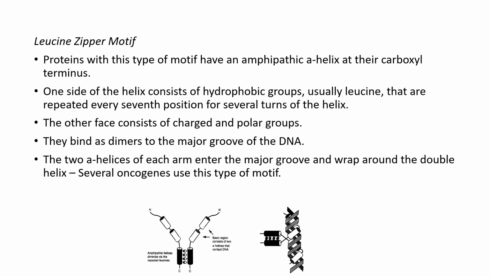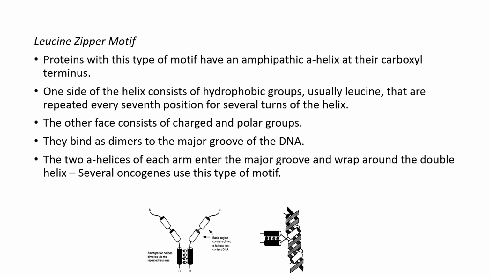Finally, we have the leucine zipper motif, where the proteins with this type of motif have an amphipathic alpha helix at their carboxyl terminus. On one side of the helix are hydrophobic groups such as leucine, and they are repeated at every seventh position for several turns of the helix.